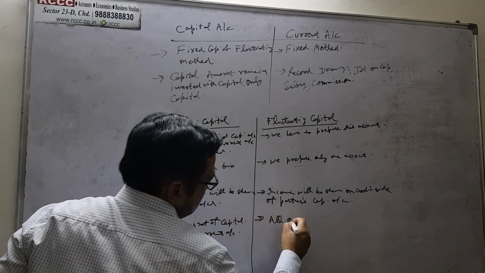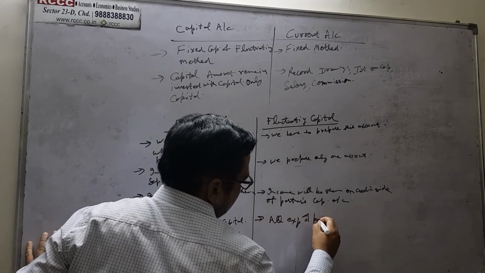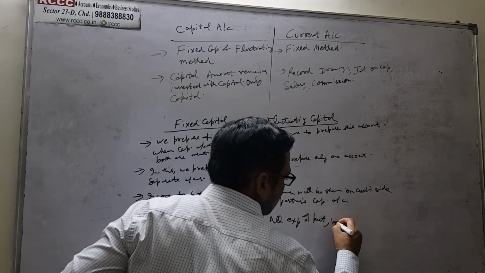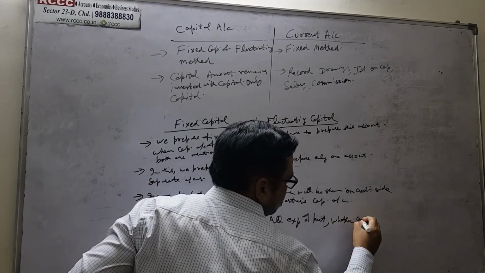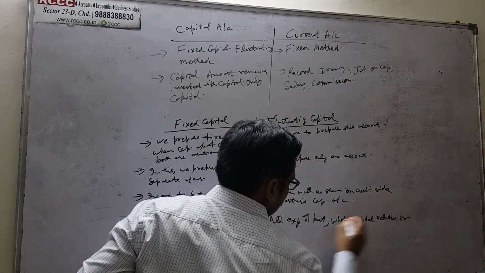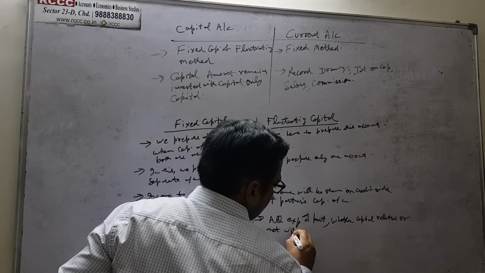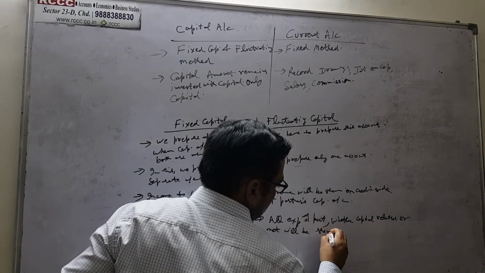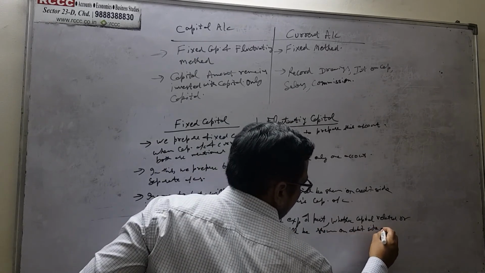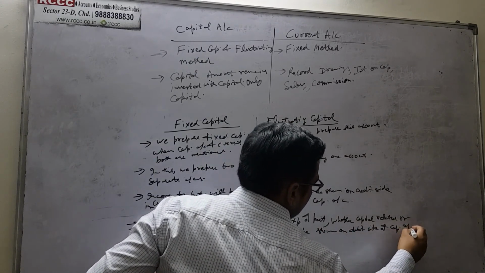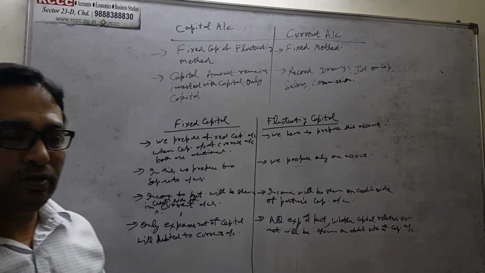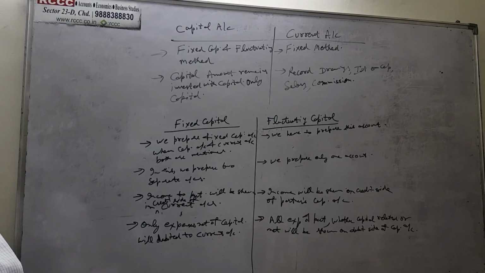All expenses of partner, whether capital related or not, will be shown on the debit side of capital account. So beta, this is the difference, children, between the fixed capital account and the fluctuating capital account, right?